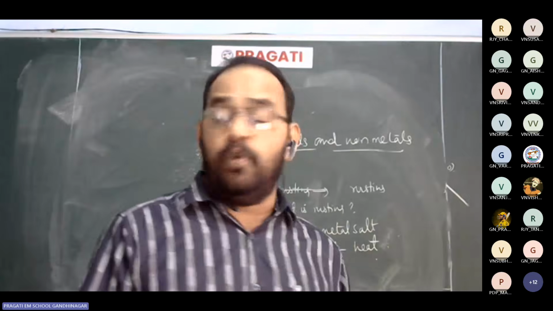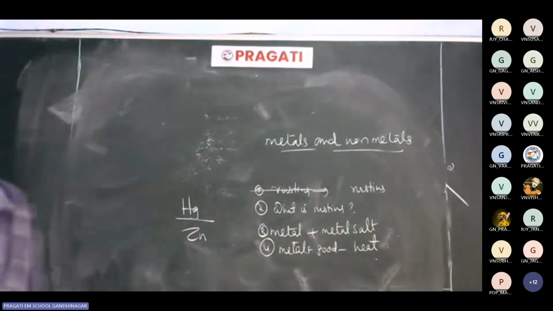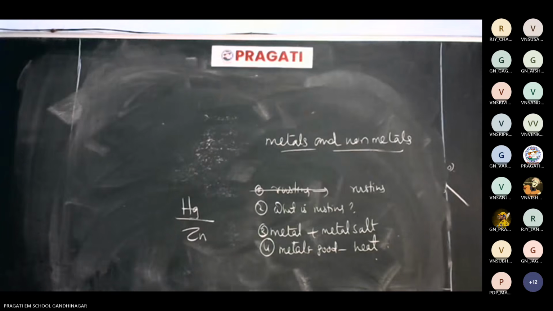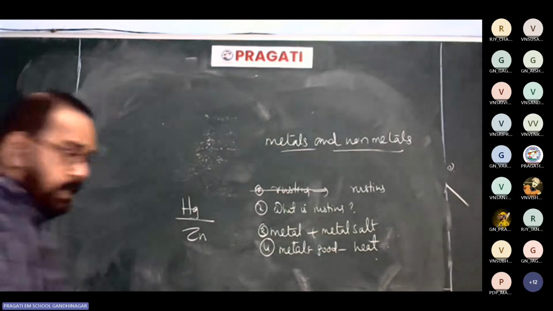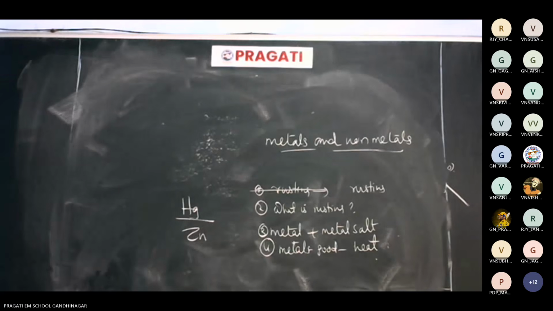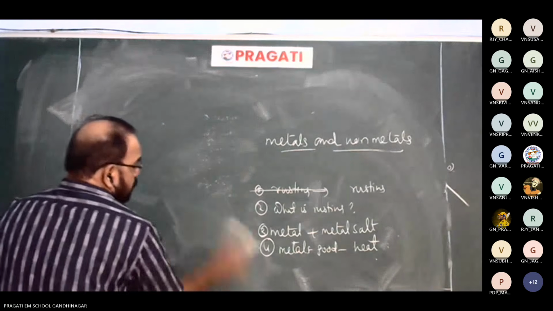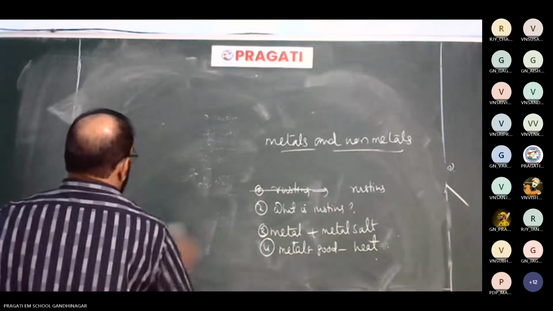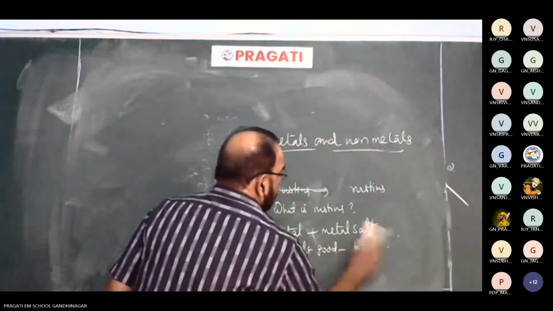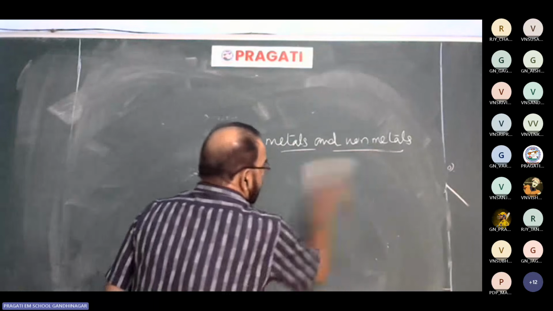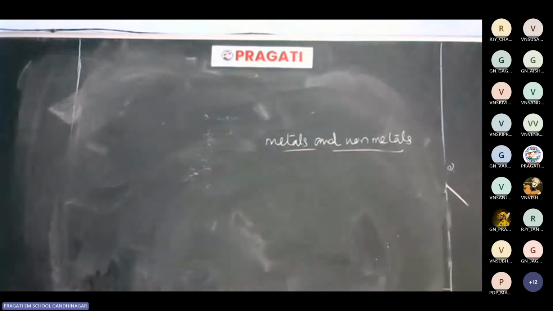Write two metals that can produce hydrogen, or displace hydrogen from acids. The answer is magnesium and manganese. Magnesium displaces hydrogen from dilute nitric acid.